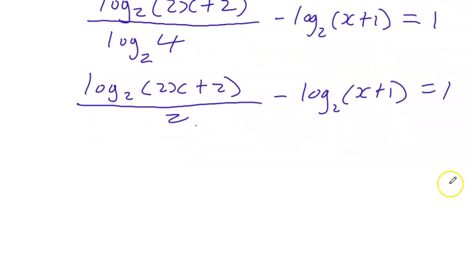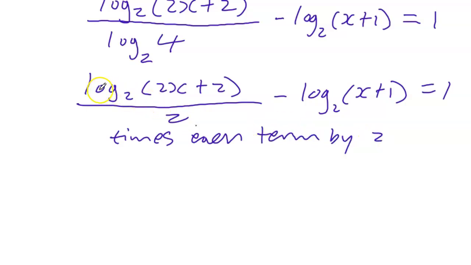And now we can try to get rid of this denominator by multiplying each term by 2. So let me just write what I'm doing. I'm going to multiply each term by 2. So 2 times this term here, 2 times this term, and 2 times the right hand side.